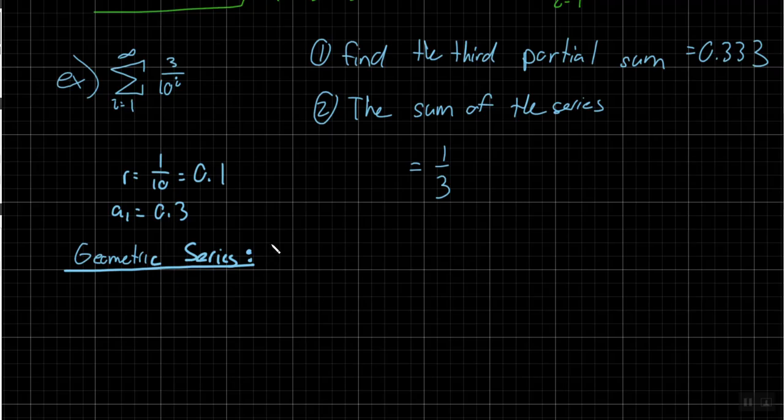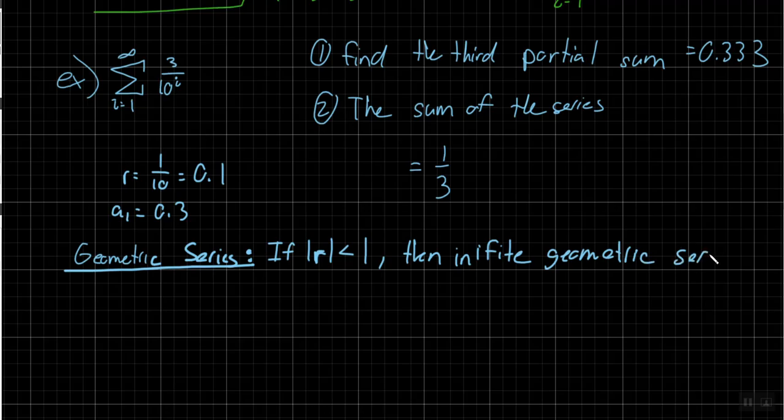So a geometric series says that if our rate is less than 1, so that's a very important piece, then the infinite geometric series can be noted as this.